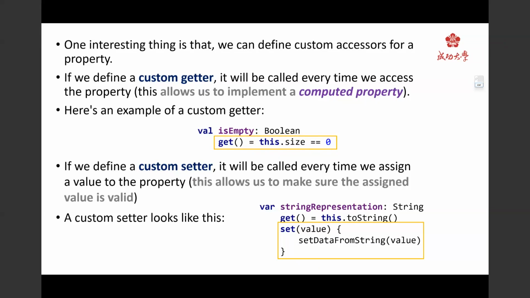Similarly, we can also define a custom setter function using the same syntax, but a different keyword, that is set. The keyword we use to define a custom setter function is set. A setter function is called whenever its corresponding property is about to be written, that is, a new value is about to be written into the property.